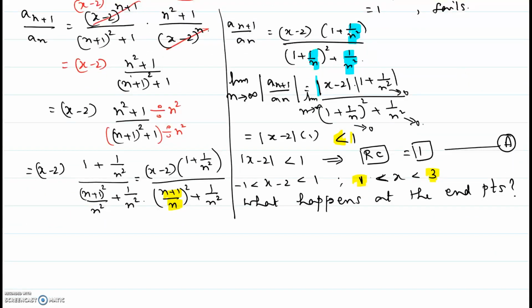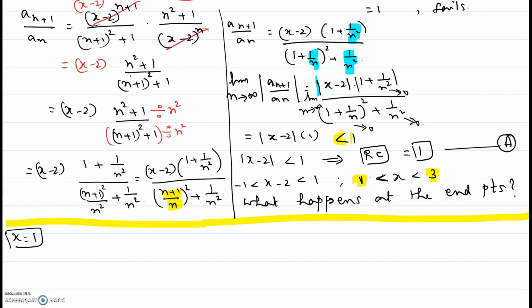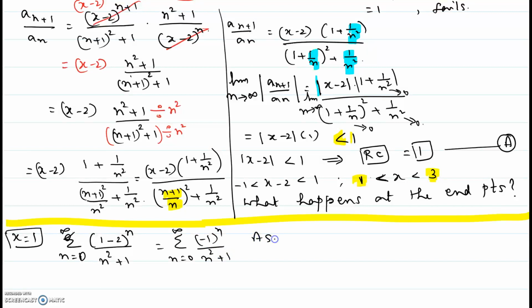So let's start off with x equal to 1. Let's plug x equal to 1 into the original series, sigma n varying from 0 through infinity, (1 minus 2) to the power n over n squared plus 1, which becomes sigma n varying from 0 through infinity of negative 1 to the power n over n squared plus 1, which is an alternating series.